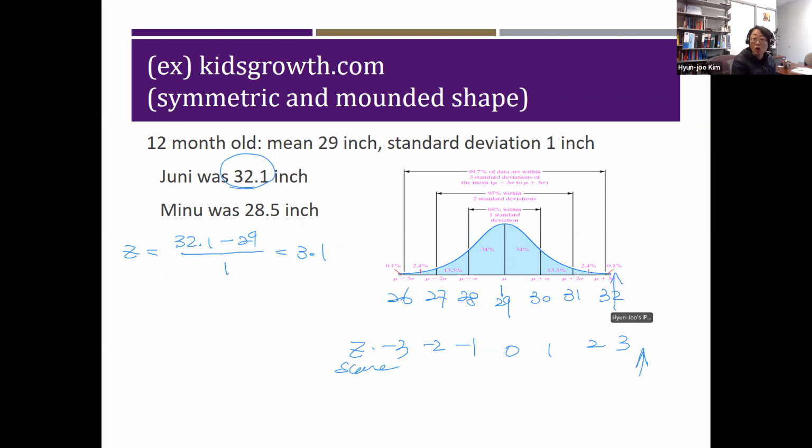So pretty tall, extremely tall. You can say that. On the other hand, for the other child, Minu, 28.5 minus 29 over 1 is negative 0.5, right? So this one gives us another position. Minu will be right there, right in the middle there.